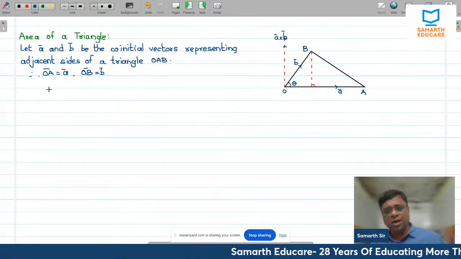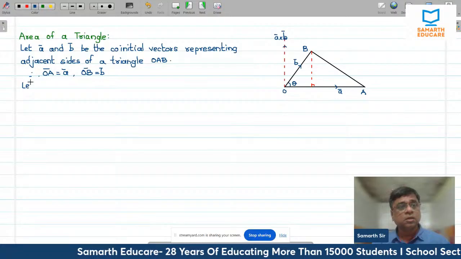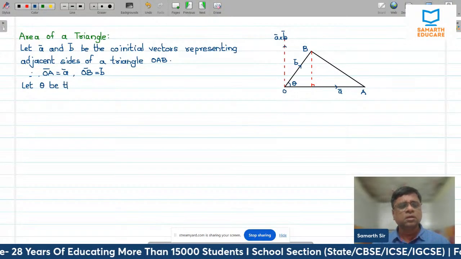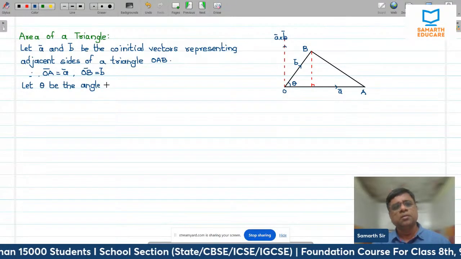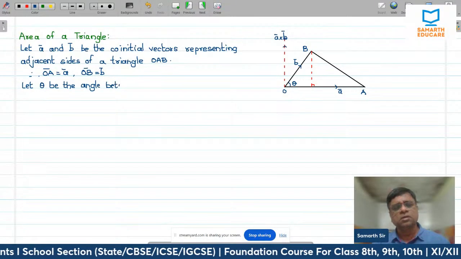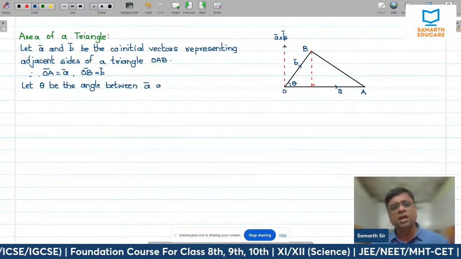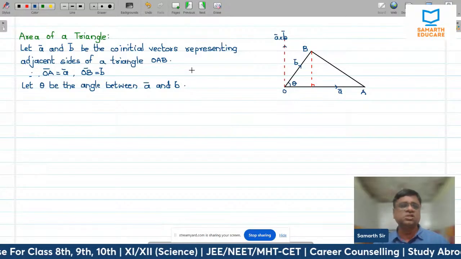Now again, let theta be the angle between A bar and B bar. Everything remains the same, similar so far.